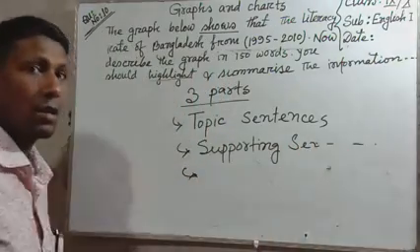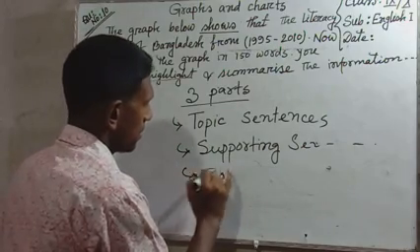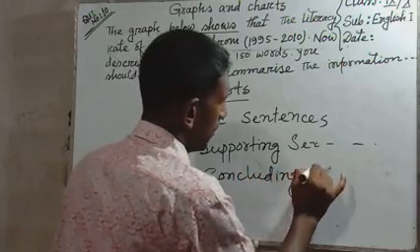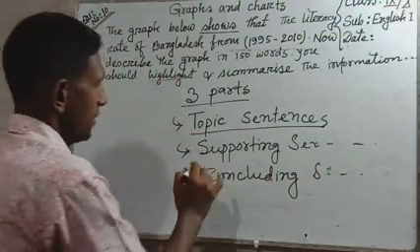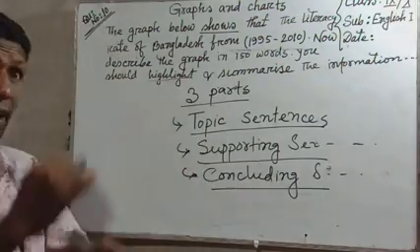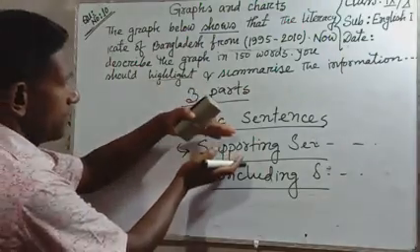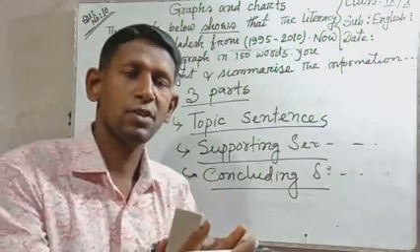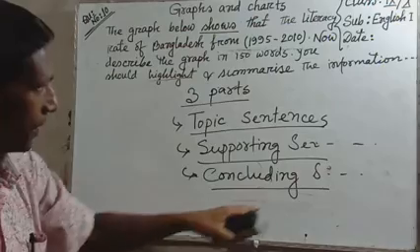Number three, concluding or ending sentences. So three parts: topic sentences, supporting sentences, concluding sentences. Topic means the head part of the graph and chart, then the body part, supporting after that main part, and concluding at the last part of the graph. So dear students, it is the main thing.